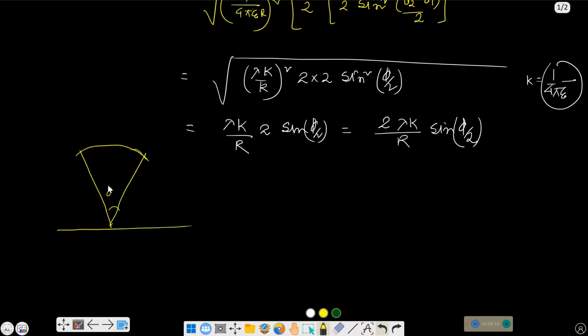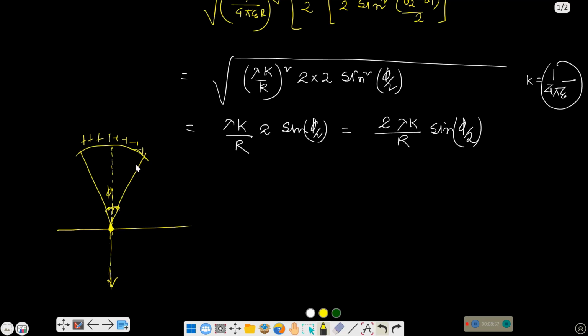If this angle is phi, then it will always be symmetric to this line, along the line which bisects this arc into equal halves. So this will be the direction of the electric field for any arc. If it is positively charged, it will be away from the arc at the center, and if it is negatively charged, then it will be towards the arc.